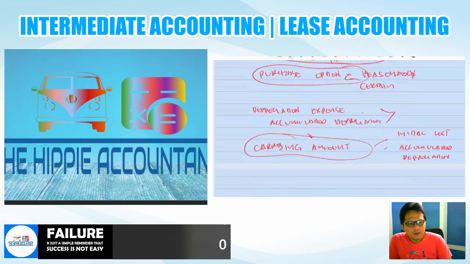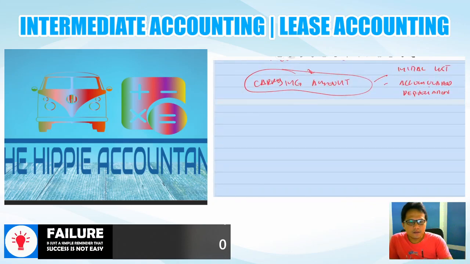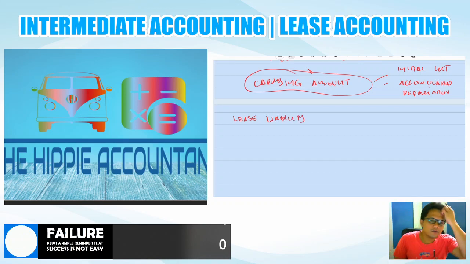Ha? So, the next account is itong lease liability. How will we recognize subsequently this lease liability?